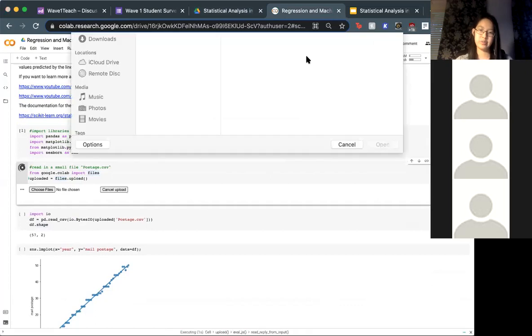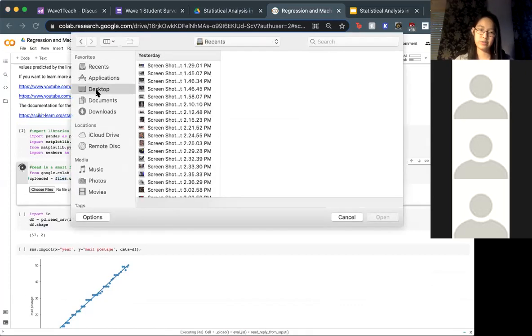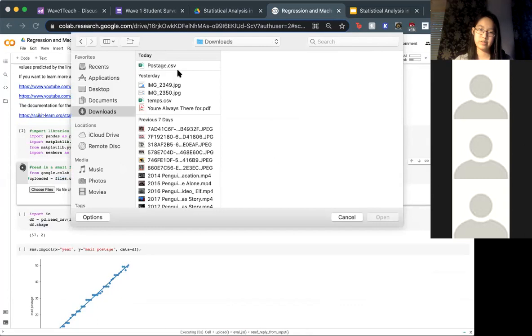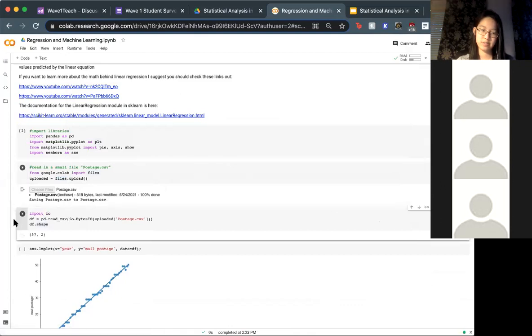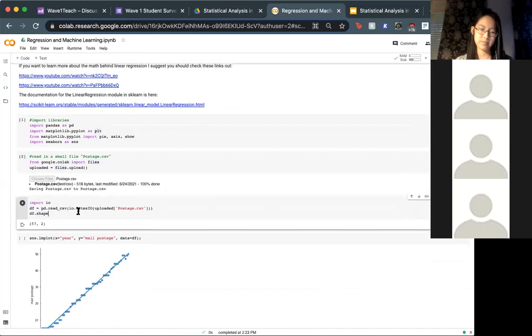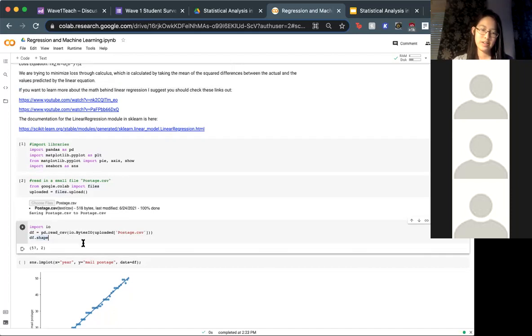If you remember how to do that, pop into your postage.csv and download that stuff. All right, hopefully you're following along. Once you've loaded it, df.shape is 57 rows, 2 columns. Good reference for you guys.